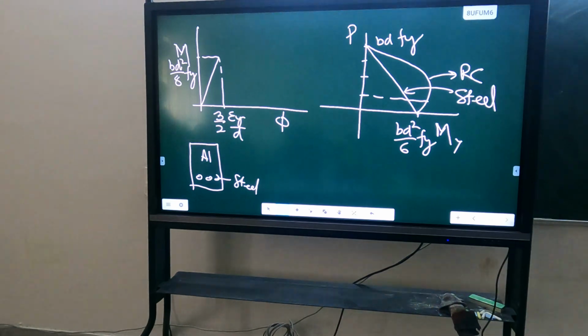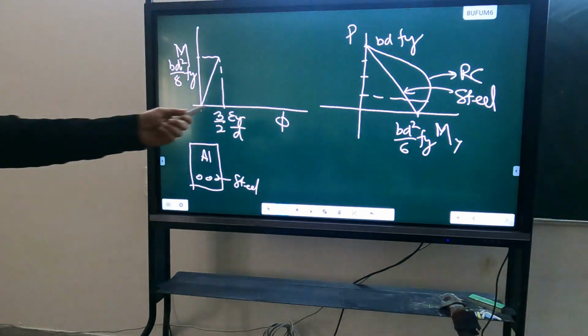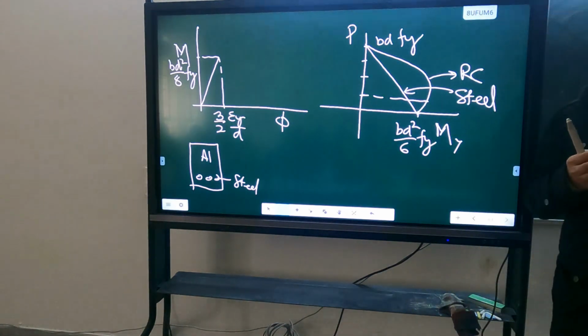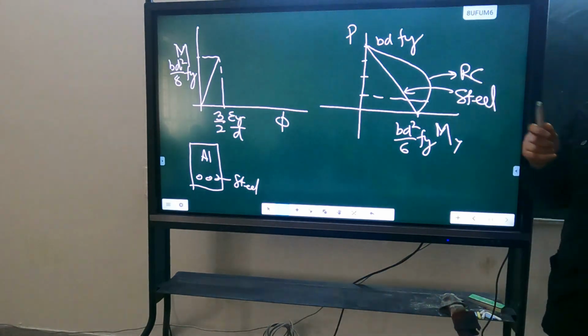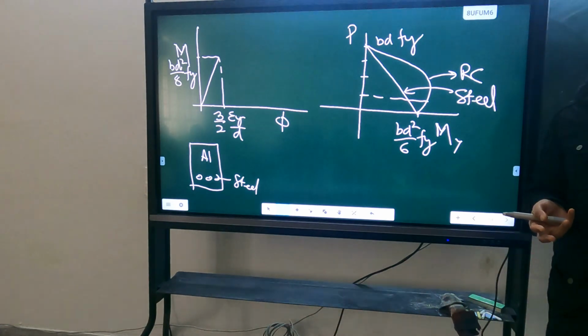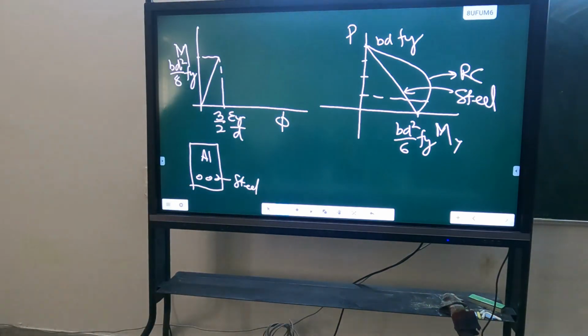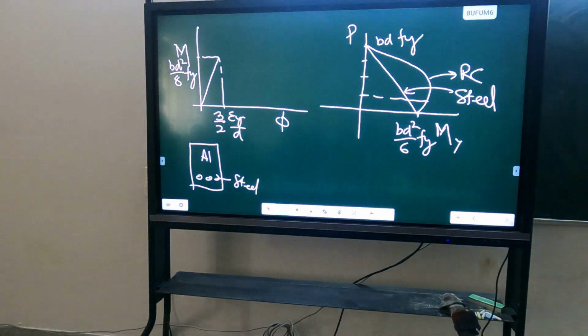But if we apply axial load on steel members, they will lose their strength. When we apply axial force on a steel member, it actually loses its strength, not gains. As soon as you apply any axial force, the steel section starts losing its strength. On the other hand, concrete starts gaining. Why? The answer is very simple. Concrete is better in compression.